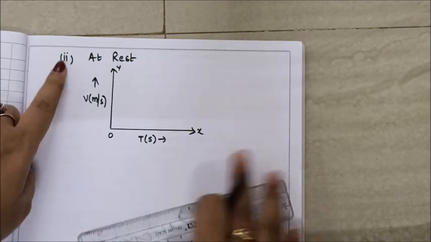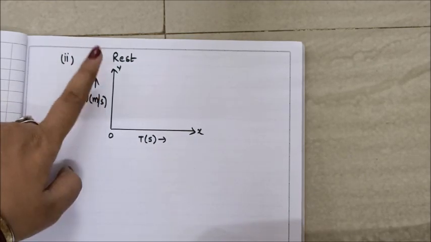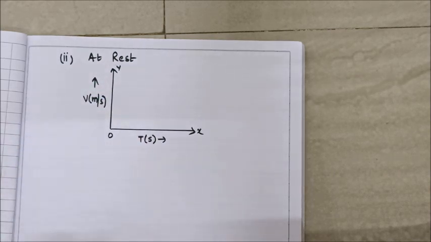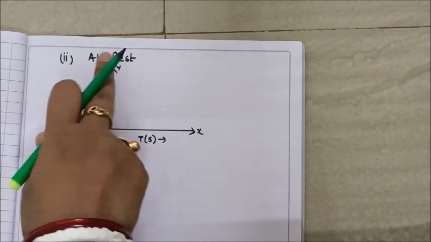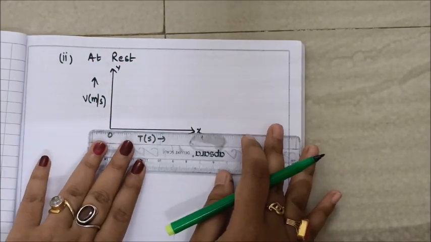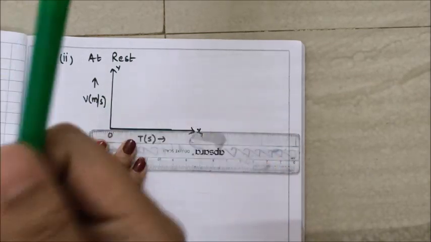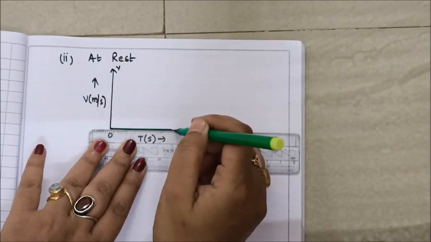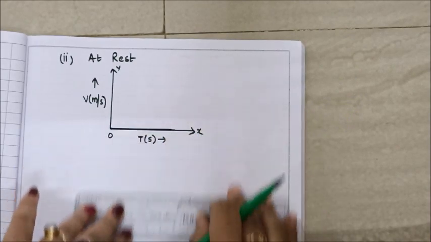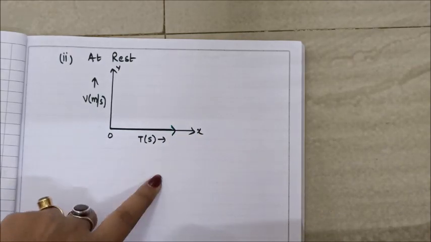When the object is at rest, there will be no value on the velocity axis. So if we plot a body at rest on a VT graph, the graph comes out to be a line overlapping the time axis. Here I am using a different color sketch pen to show that it's a line overlapping the time axis, and this is how it is done.